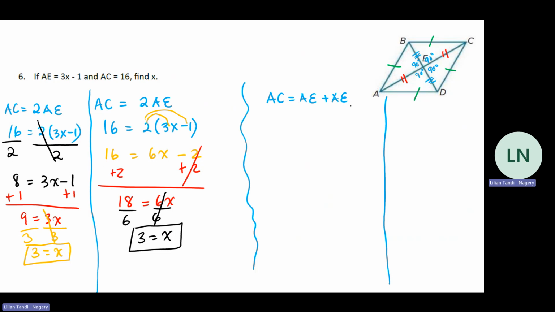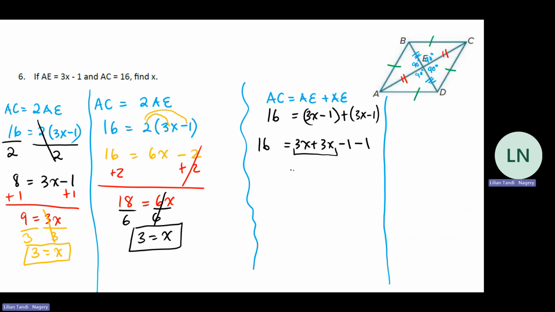Now let's do it with the adding. So this is 16 equals 3x minus 1 plus 3x minus 1. So then this becomes 16 equals 3x plus 3x minus 1 minus 1.